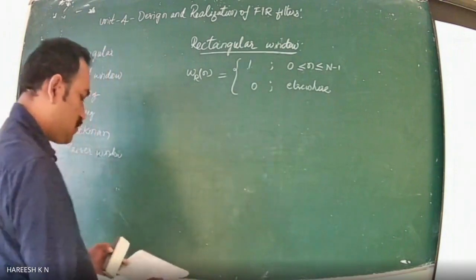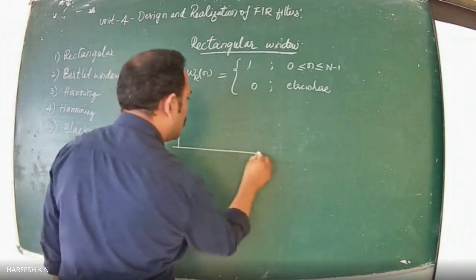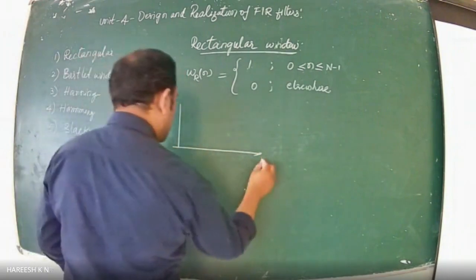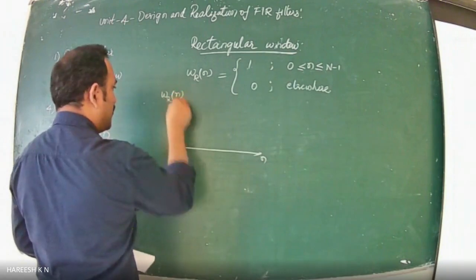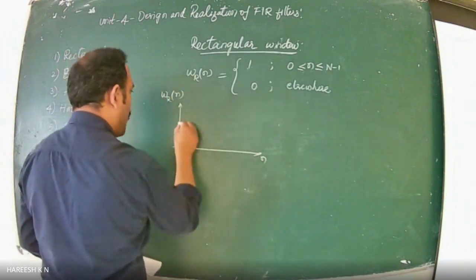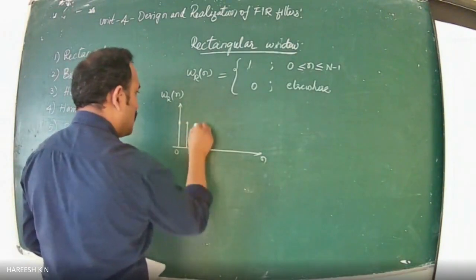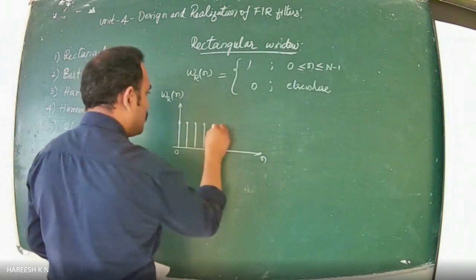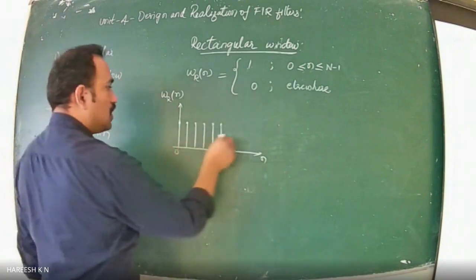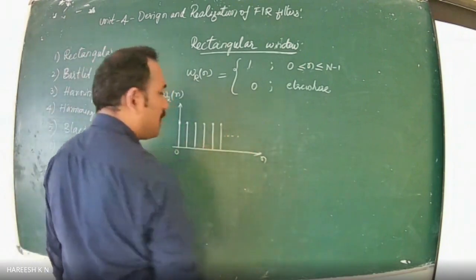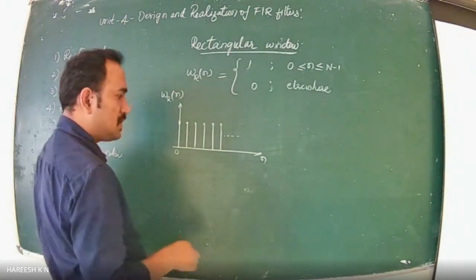Now, this window has the amplitude and n as follows. If this is w_R(n), its value will be 1 from 0 to N minus 1, as it has been written there. This keeps on continuing till N minus 1, and the maximum value that N minus 1 can take is 32.